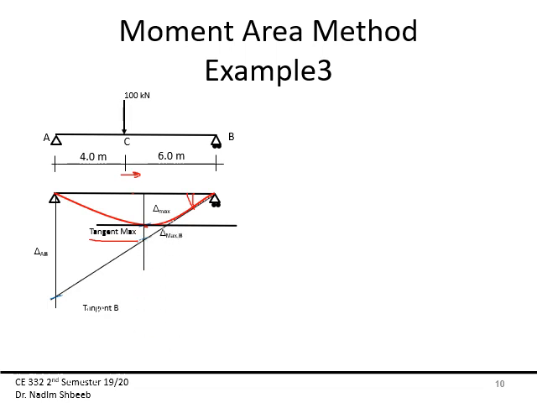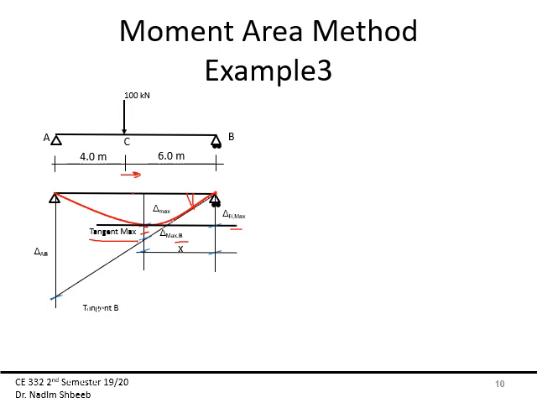Okay, now this distance here is delta max b, which means it is the vertical deviation between the maximum point at the elastic curve measured from the tangent at B. And this value here is going to be delta b max, which is the vertical deviation of the point B on the elastic curve here, measured from the maximum tangent, which is this.